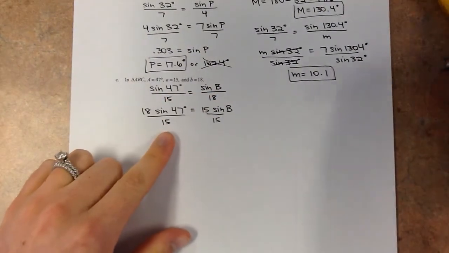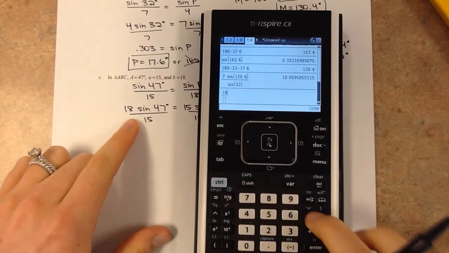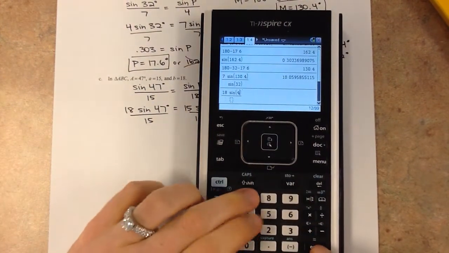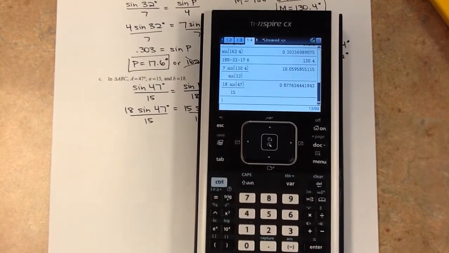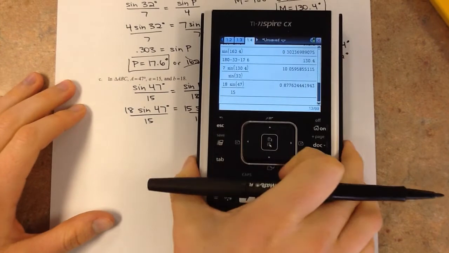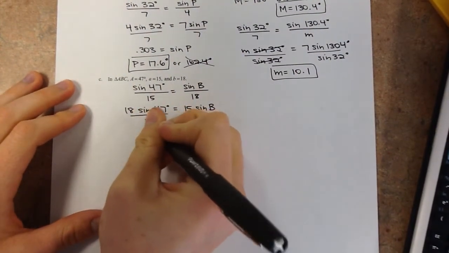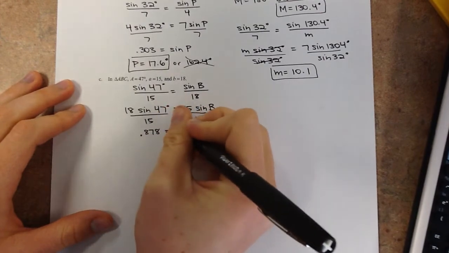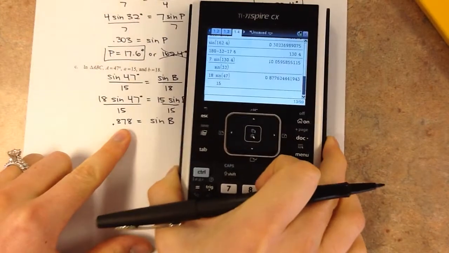Okay, now I'm going to plug this in. 18 times the sine of 47 and then over 15. So we get this value right here. Again, don't round in these intermediate steps. So you get about 0.878 equals the sine of b. And then we take sine inverse of this value.